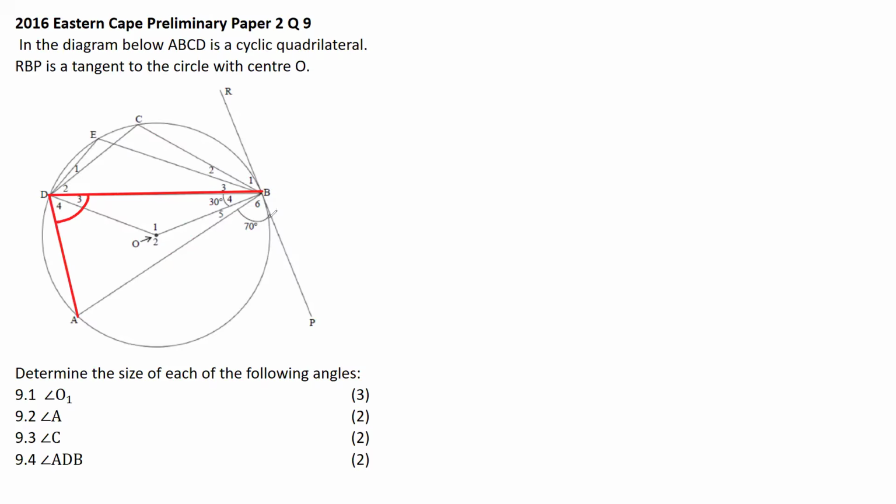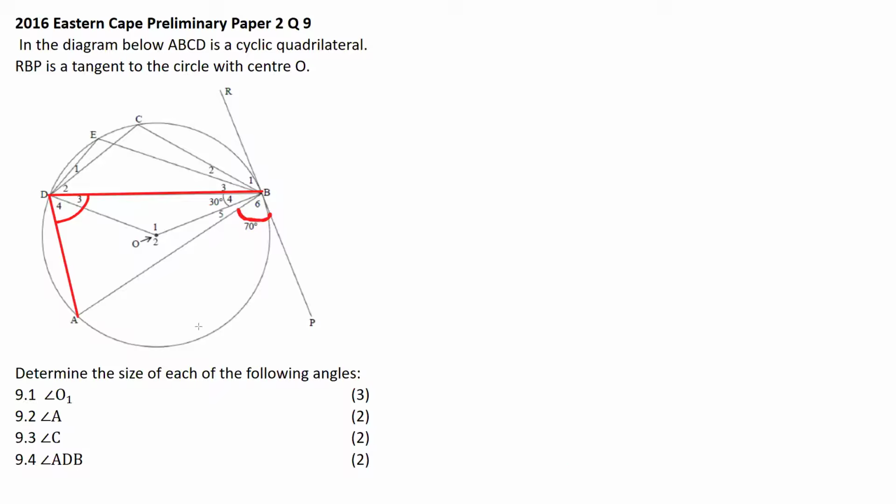B6 is an angle drawn from the tangent until it touches the chord AB. Again, there is B6. B6, who are you? I am an angle drawn from the tangent and I'm touching the chord AB.